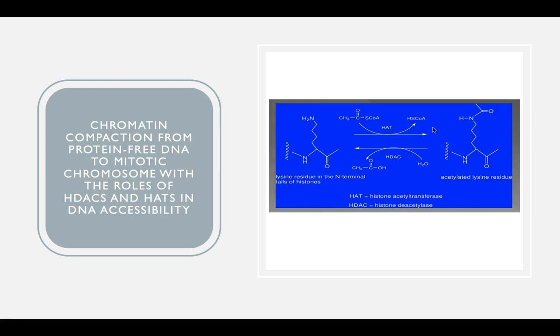When we want to loosen this DNA, the lysines are acetylated by histone acetyltransferases, or HATs, which neutralize the positive charge, loosening the association with DNA, making DNA accessible, and weakening the nucleosome's stability.